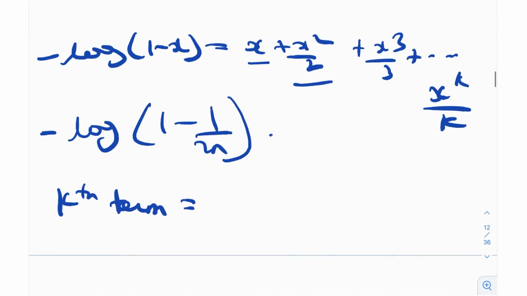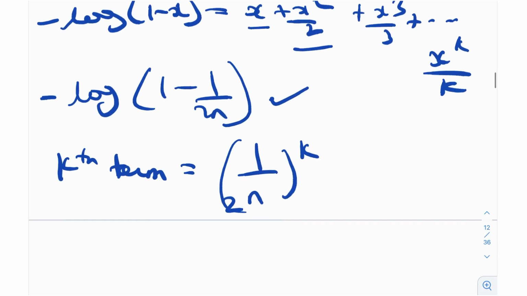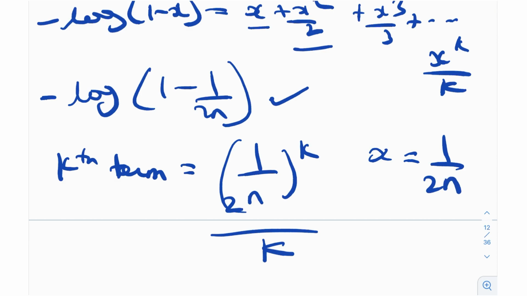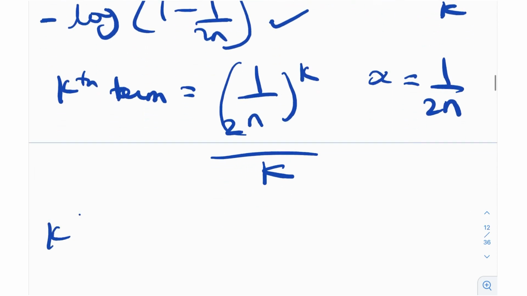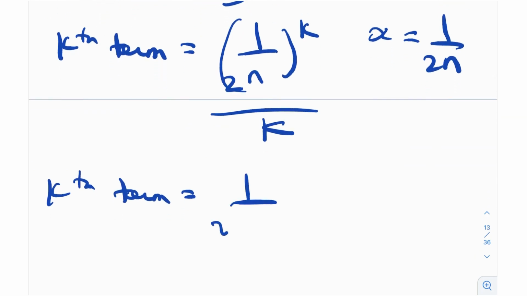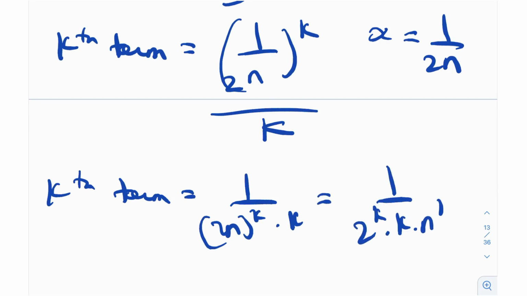So when you have this expansion over here, what would be the kth term? It would be 1 by 2n raised to the power k divided by k. Very simple, because x over here is taking the role of 1 by 2n, so basically just replacing that. So the kth term for me would be nothing but 1 by 2n raised to the power k times k, which is nothing but 1 by 2 raised to the power k times n raised to the power k.